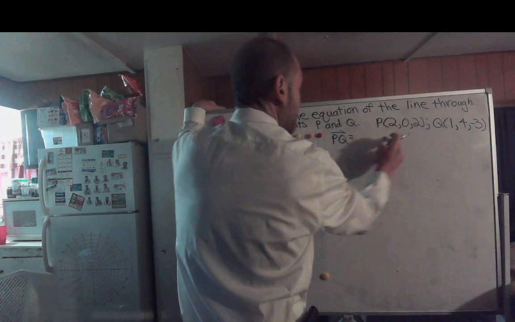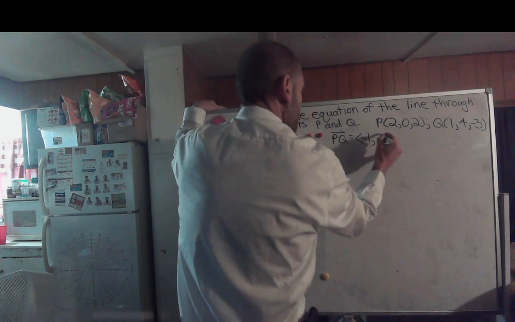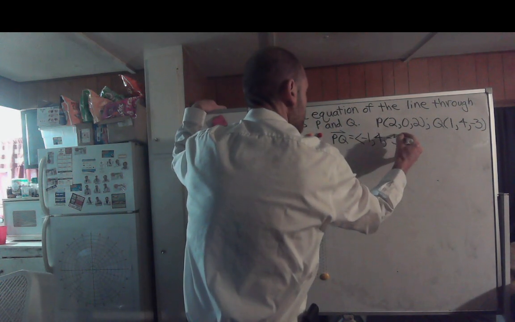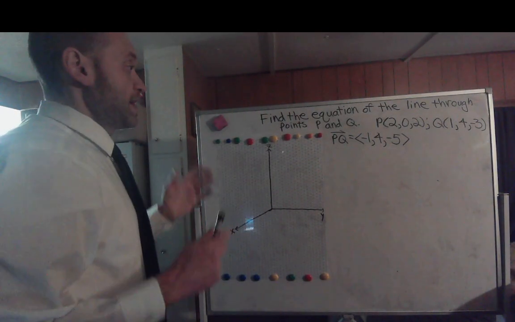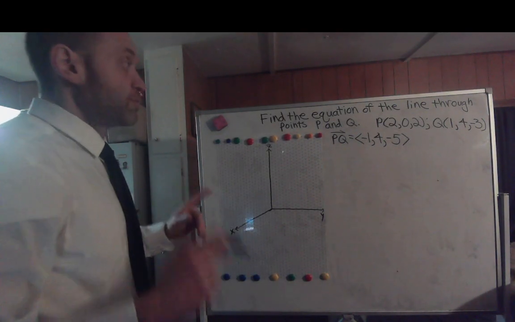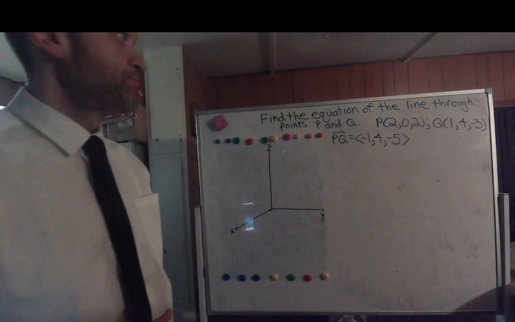So 1 minus 2, that's negative 1. 4 minus 0 is 4. And then negative 3 minus 2 is negative 5. Okay, now we got our vector, which are going to be our direction numbers.